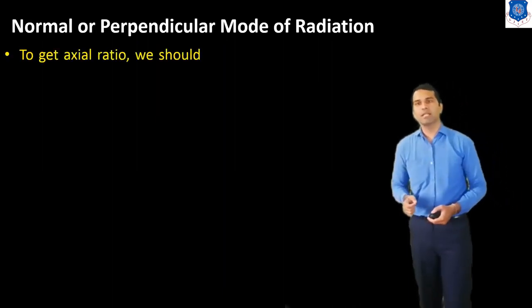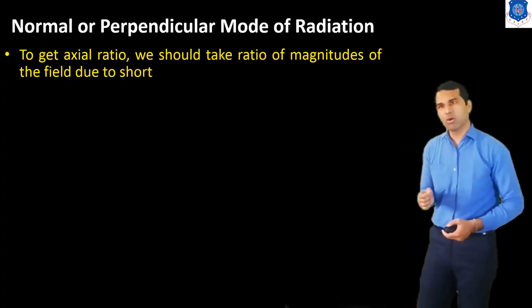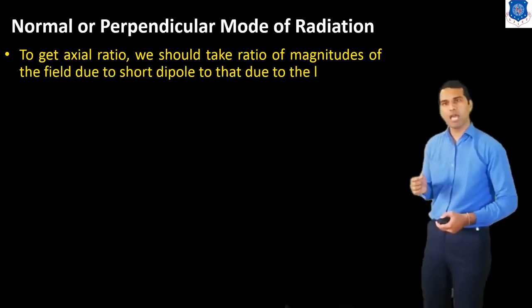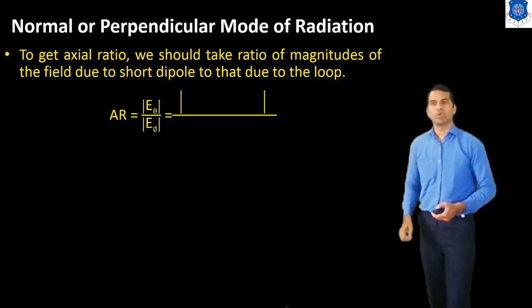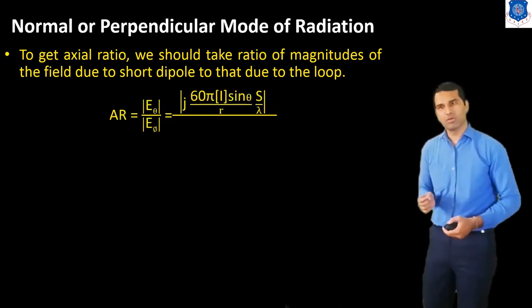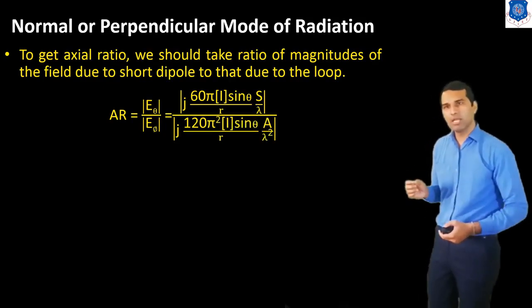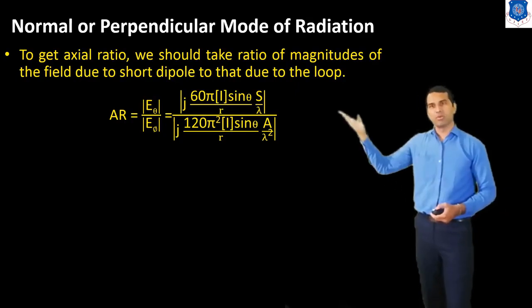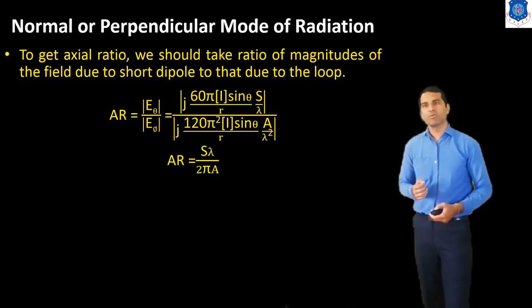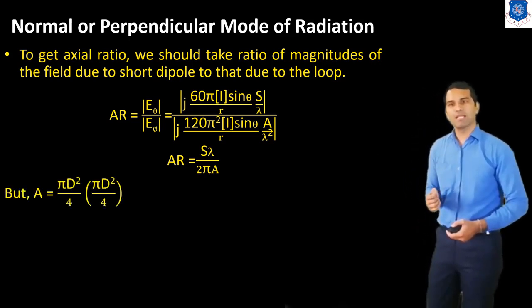To get the axial ratio, we take the ratio of the magnitude of the field due to the short dipole to that due to the loop. So we can write AR, that means axial ratio, equals the ratio of E theta upon E phi, and we have the equations of E theta and E phi. So we put them here.